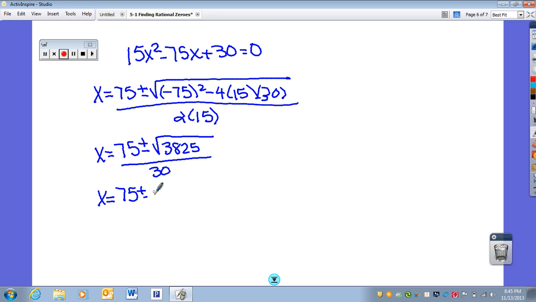So we have 75 plus or minus 15 square root of 17, all over 30. And we can see that all three terms can be divided by 15. So 15 goes into 75 5 times, plus or minus 1 square root of 17, all over 30. So along with the other two solutions, which was a positive 0.2 or 1/5 and a negative 2/3, these would be the other two solutions.